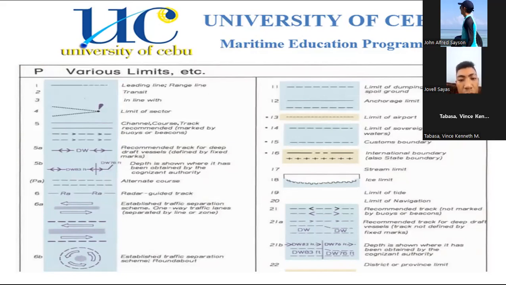Four is limit of sector. Five, channel course, track, recommended, marked by buoys and beacons. 5A, recommended track for deep draft vessels defined by fixed marks. 5B, depth is shown where it has been obtained by the cognizant authority.